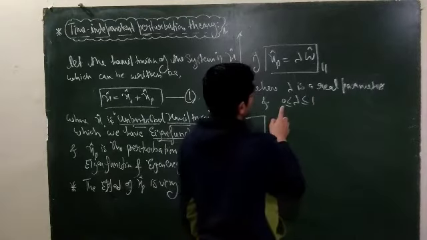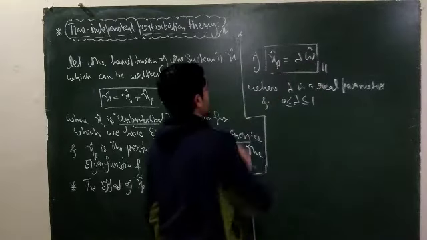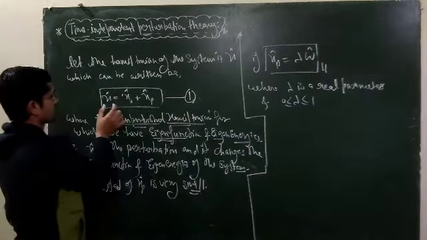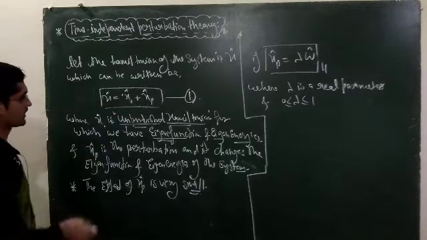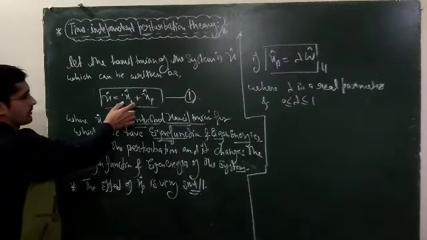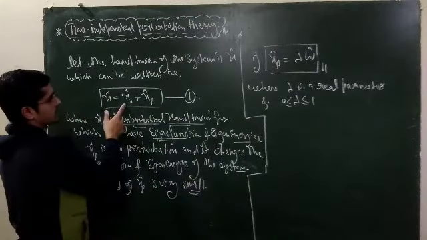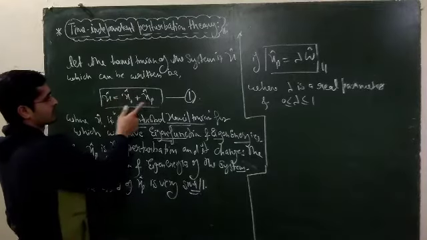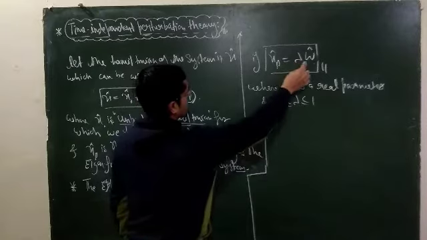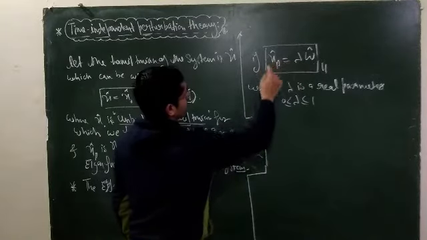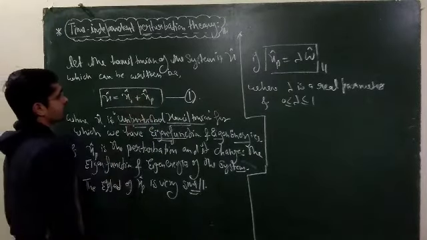If lambda is 0, then this term will be 0, so HP will be 0, and the Hamiltonian of the system will be just the unperturbed Hamiltonian, which can be exactly solved. So lambda equal to 0 means there is no perturbation in the system, and when lambda is 1, the effect of the perturbation is completely there.